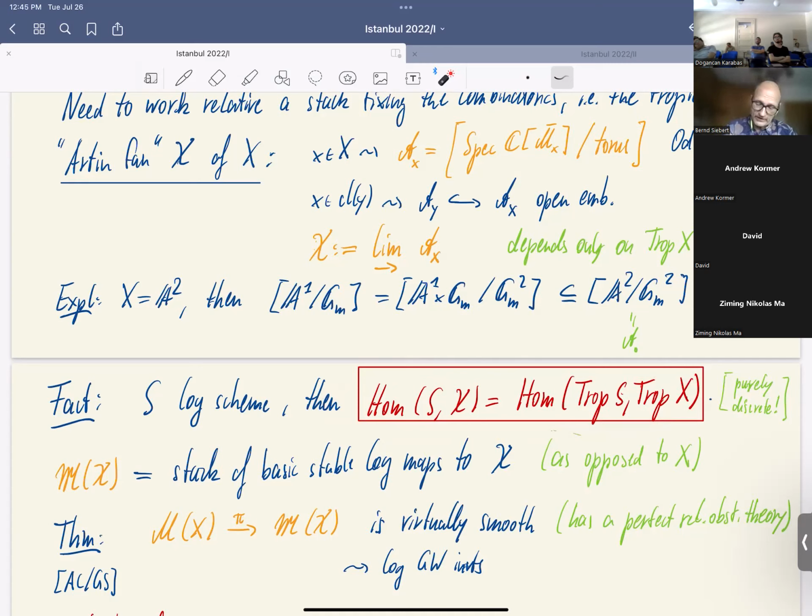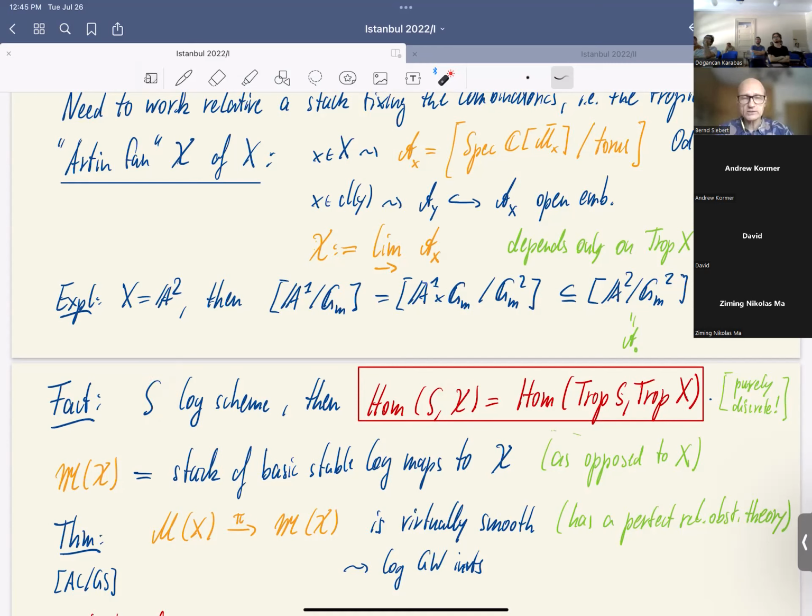What is this saying? Objects here are still a nodal curve as a domain together with a log structure. This requires S to be a log scheme, so we need a domain with a log structure.